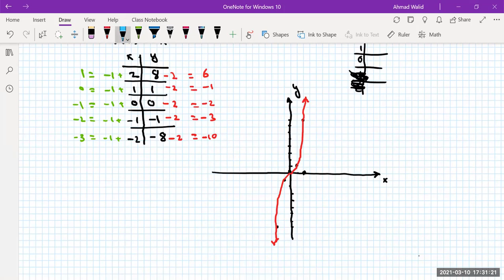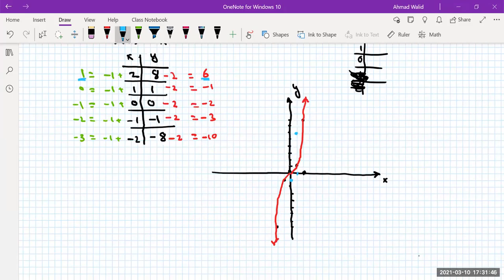When x is 1, y is 6. x 1, y 6. 1, 2, 3, 4, 5, 6. This point. When x is 0, y is negative 1. x 0, y negative 1, here, this point.